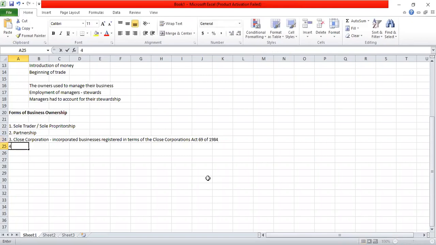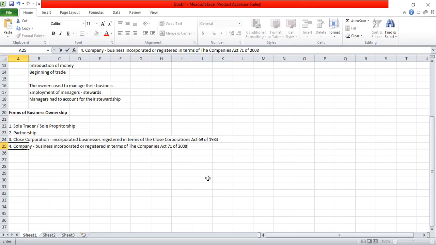Right, then number 4, we've got a company. A business incorporated or registered in terms of the Companies Act 71 of 2008.